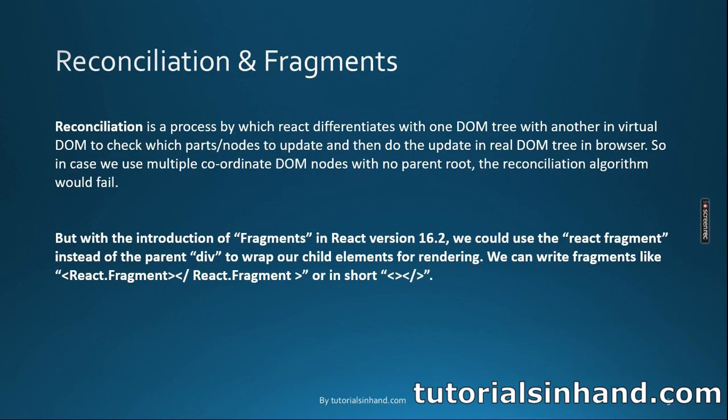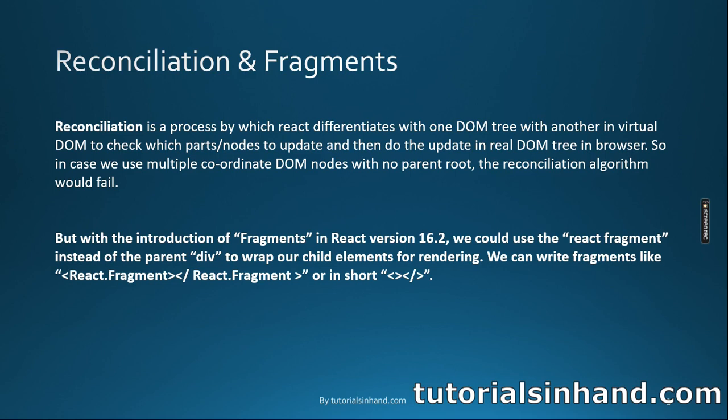Now let's understand what reconciliation is. Reconciliation is a process by which React differentiates one DOM tree from another in the virtual DOM to check which part or node to update, and then does the update in the real DOM tree in the browser. So in case we use multiple coordinate DOM nodes with no parent root, the reconciliation algorithm would fail. This is what in general I am talking about.